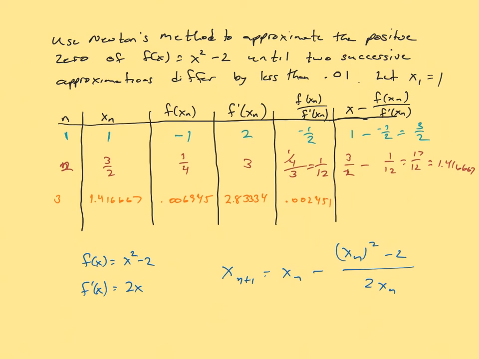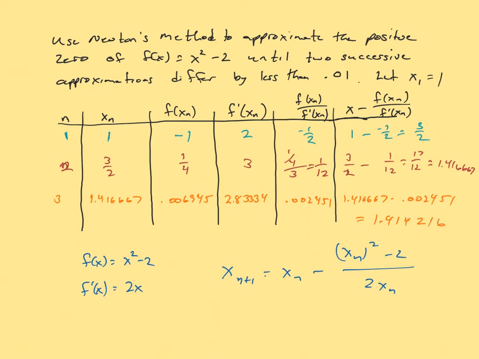And therefore, when I take my difference, 1.416667 minus 0.002451, calculation-wise, I will get 1.414216.